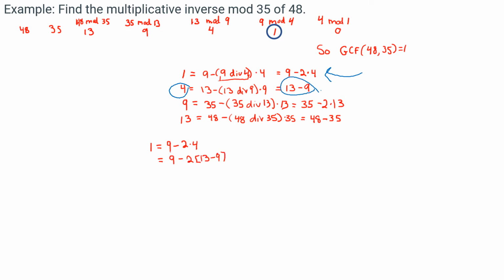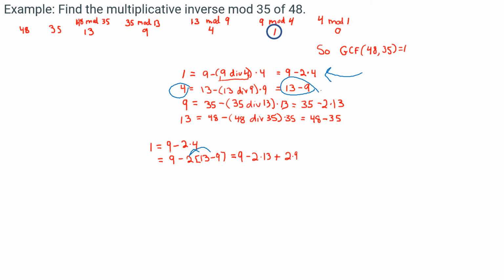So I'm going to replace the 4 with what I know it to be, 13 minus 9, from that second equation. Now, again, we don't want to just go and put all those numbers together again, but the key numbers that we're looking at here are that we've now got 1 as a combination of 9s and 13. So let's distribute the negative 2 in.